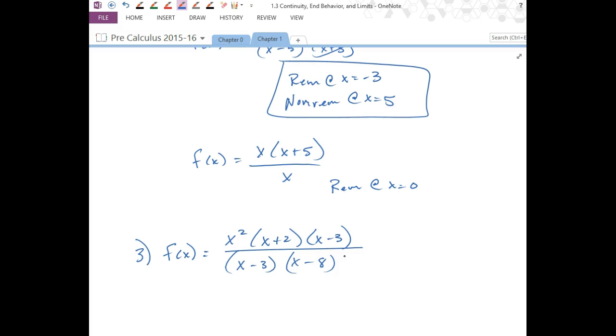Okay, so I have to decide, is 3 a removable or a non-removable? Because they could cancel, we have a removable at x equals 3. So that means 8 has got to be non-removable. X equals 8. Nice.